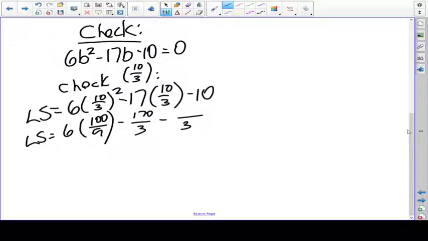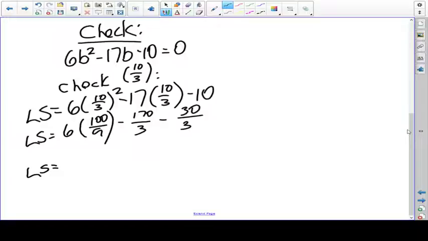So 10 is what divided by 3? If I write it as an equivalent fraction, 10 is what over 3? 30. So I'm going to write 10 as 30/3.